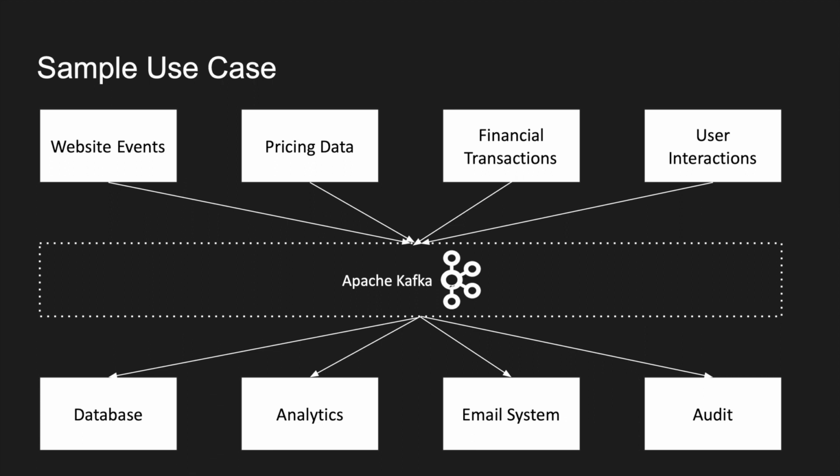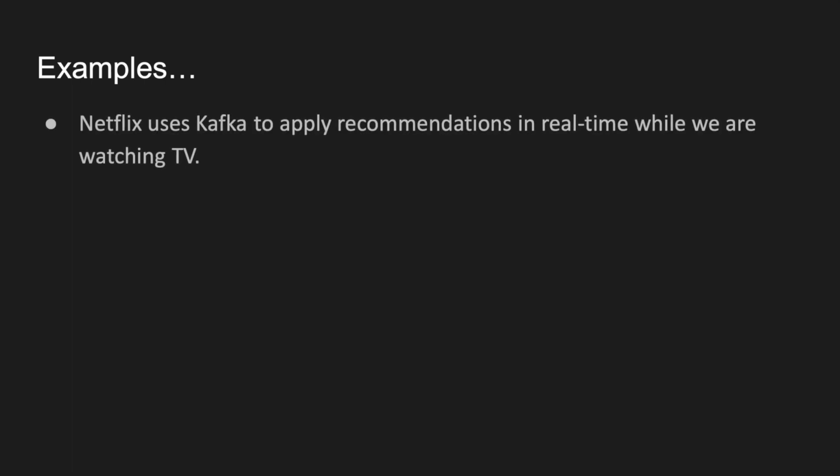Now, if I wanted to give you a concrete example that makes you excited about Kafka, which helps you understand what Kafka is used for. Netflix uses Kafka to apply recommendation in real time while you're watching TV shows. And this is why basically when you watch a TV show, you will get the recommendation right away.